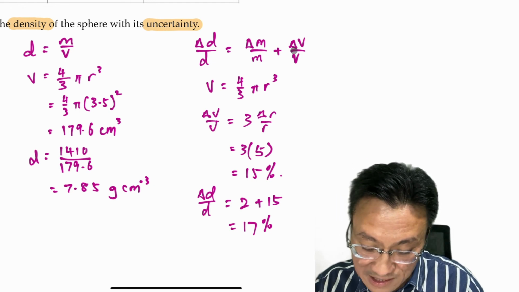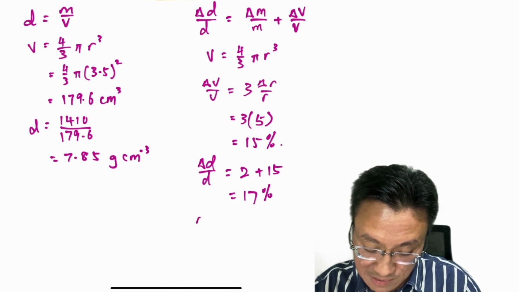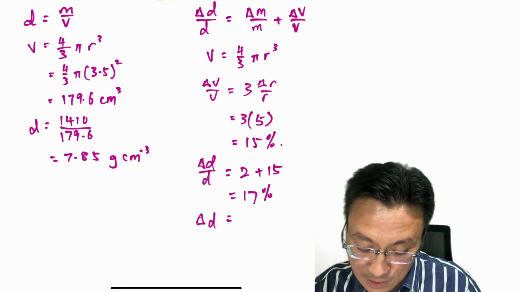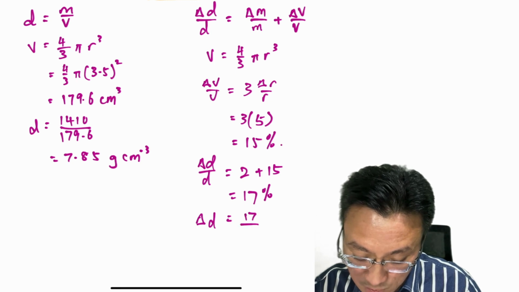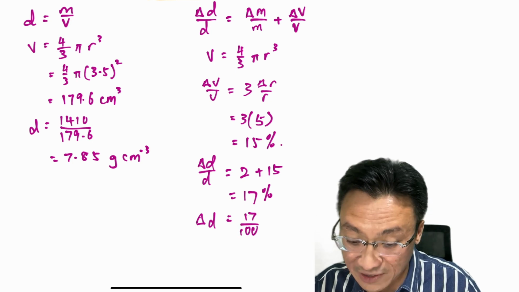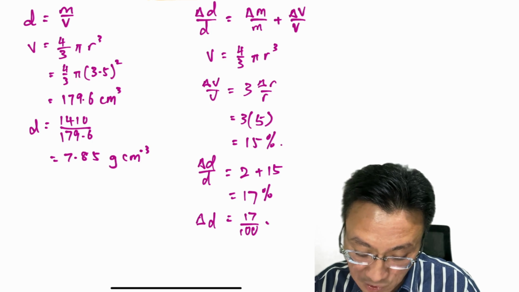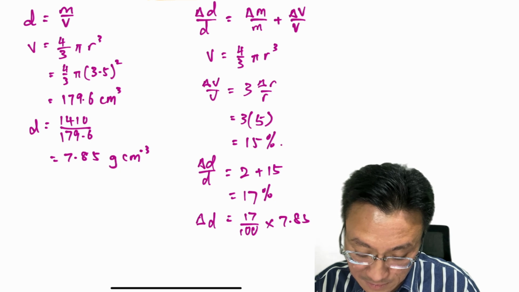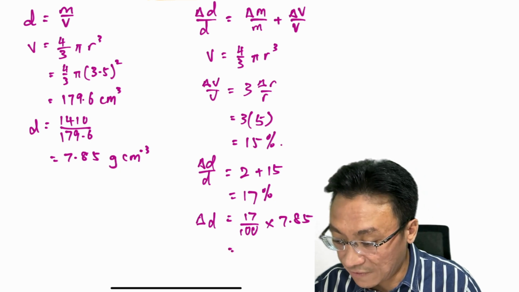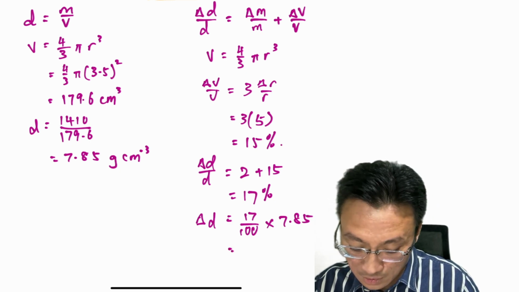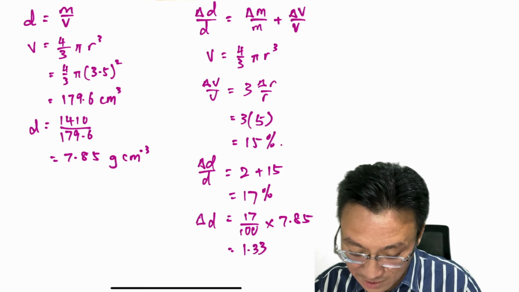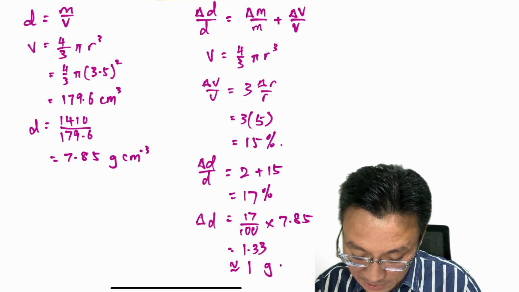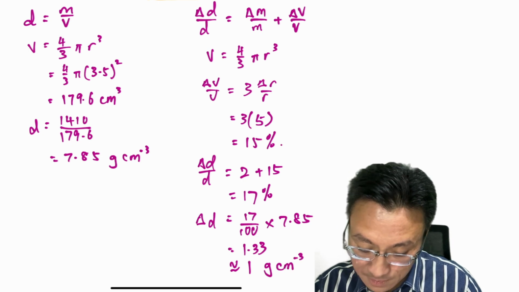And once I got this, of course, I could just calculate my absolute uncertainty of D, which is 17%. Expressing as a ratio, it will be 17 over 100 multiplied by the value of the density. That will give you a value of 1.33 rounded off to 1 gram per cm cube.